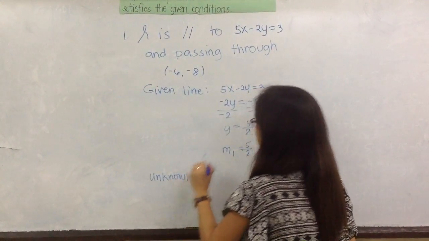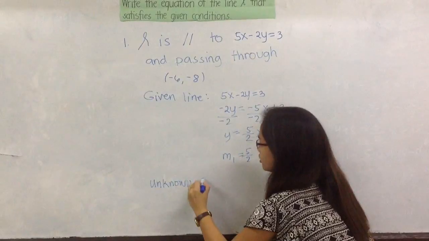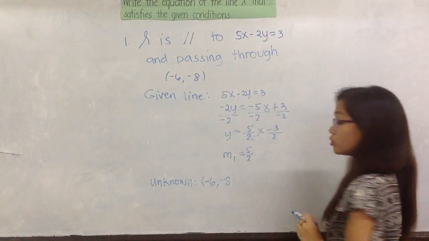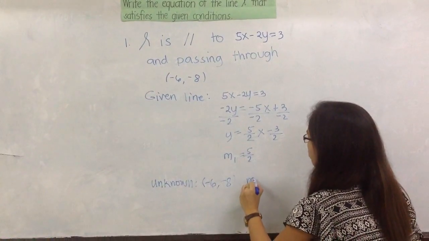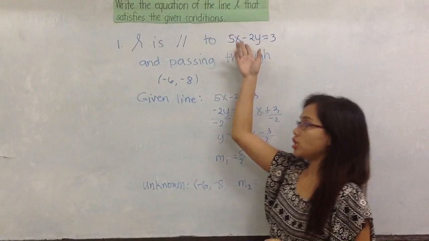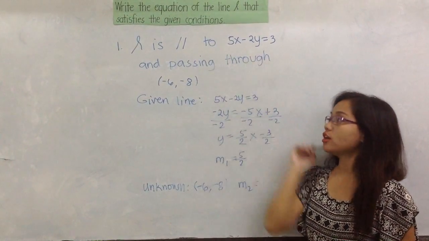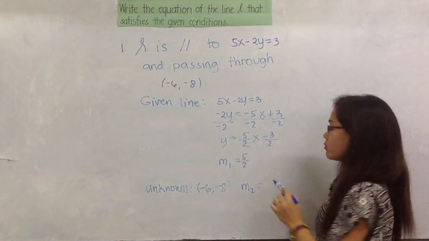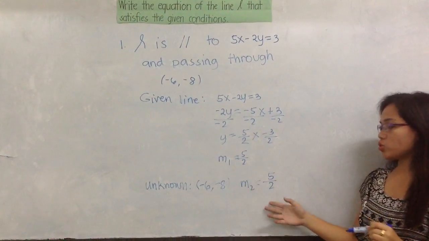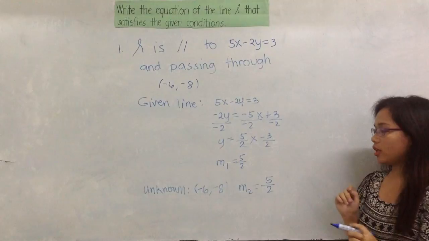We are just given a point, negative 6, negative 8, and we don't know the slope yet. But since we are given the condition that this equation is parallel to the first equation, they have the same slope. So the slope is 5 halves. m1 and m2 are equal because they are parallel.